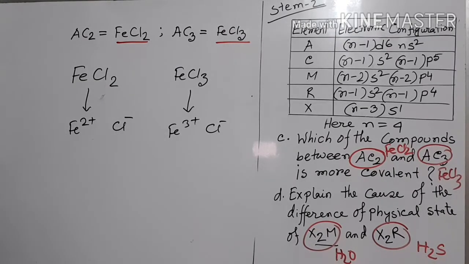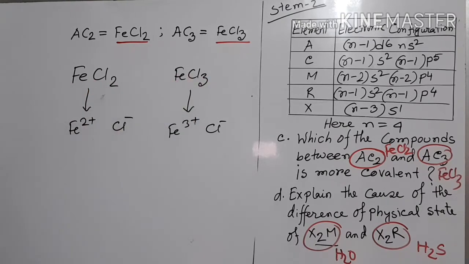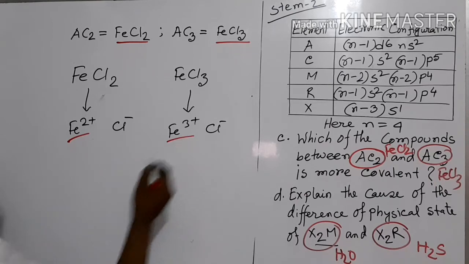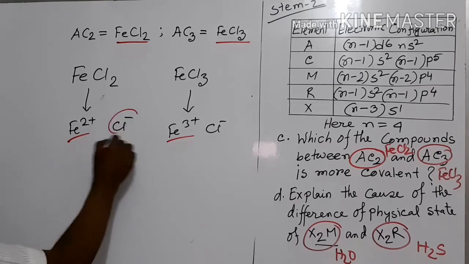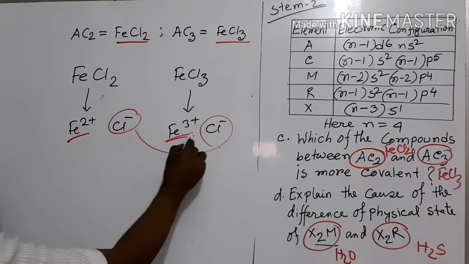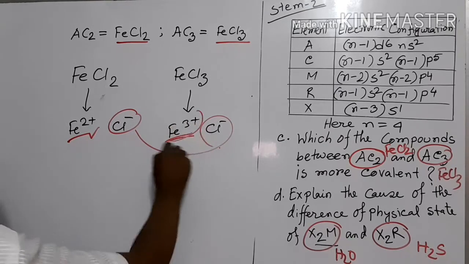Now, if we see these two compounds, FeCl2 and FeCl3, in FeCl2, Fe2+ is the cation, and in FeCl3, Fe3+ is the cation. In both cases, the chloride ion is the anion, and the charge density of Fe3+ is more than Fe2+. So the electron cloud is attracted more by Fe3+.